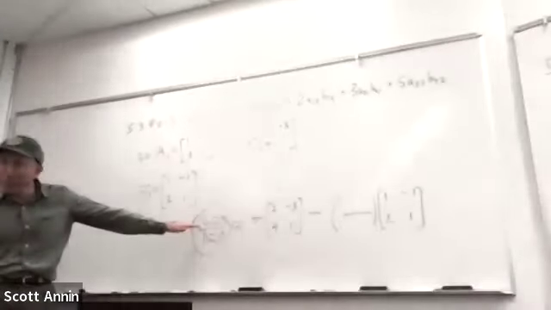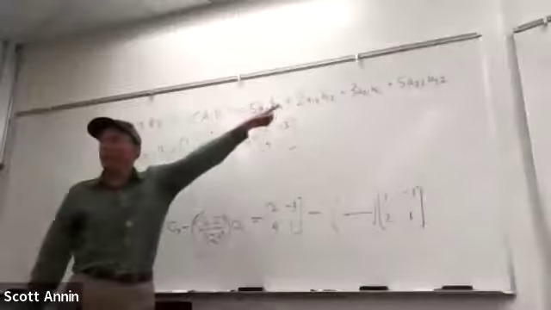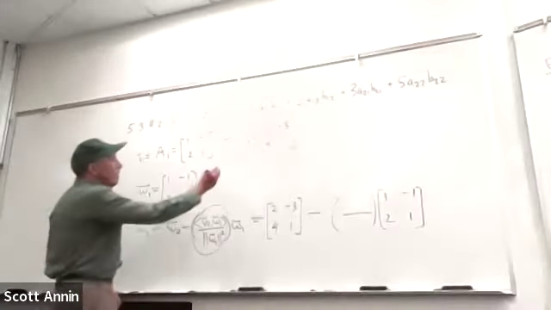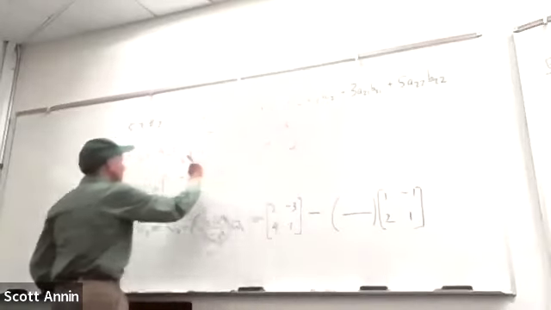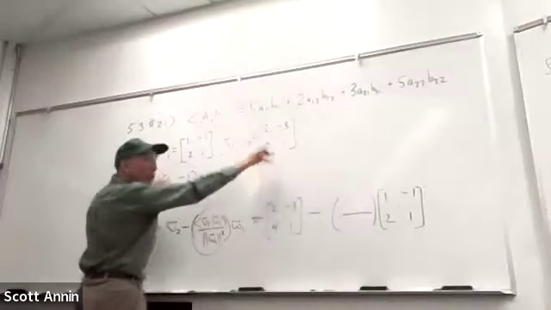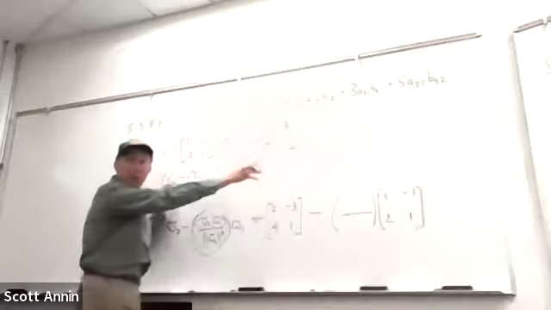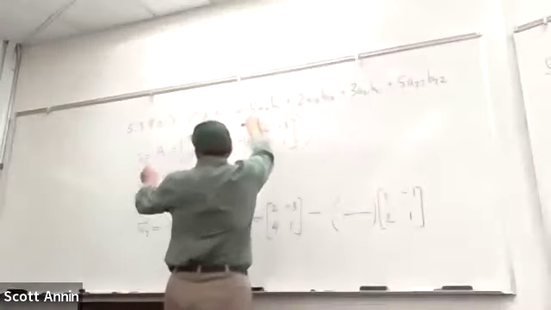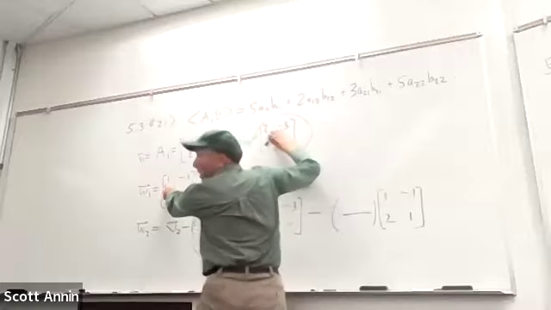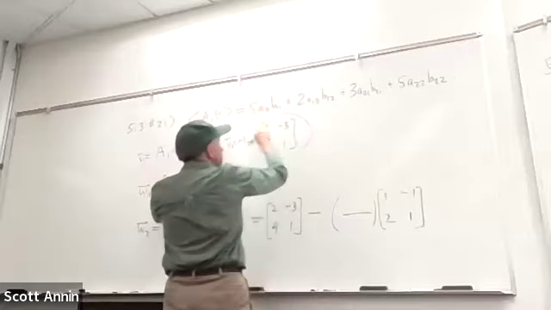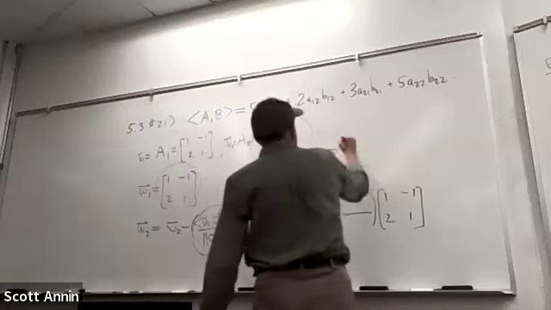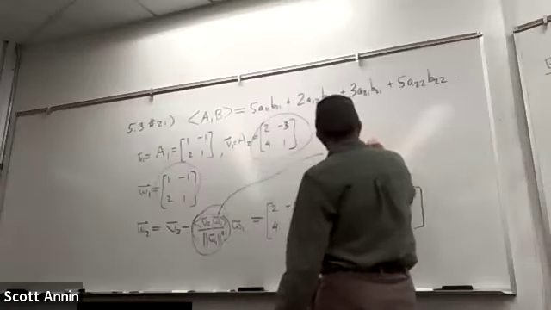To figure out these numbers, guys, you're going to use the formula at the top of the board, right? So if I want to know the inner product of V2 with W1, that's these two vectors. How does it work? Well, the formula tells you how to do it. 5 times A11 times B11, so that's 5 times 1 times 2, which is 10.